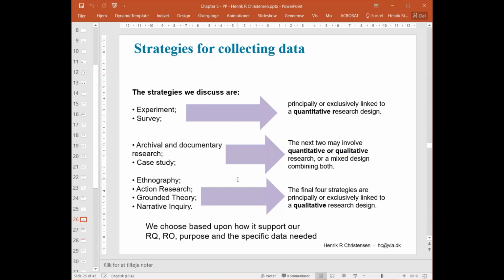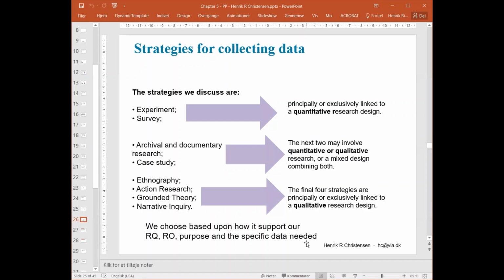And these four belonging to this group are mostly found when we do qualitative research. And therefore, again, just pointing out, we have to choose based upon our research question, objective, and the purpose, and the specific data that we need.